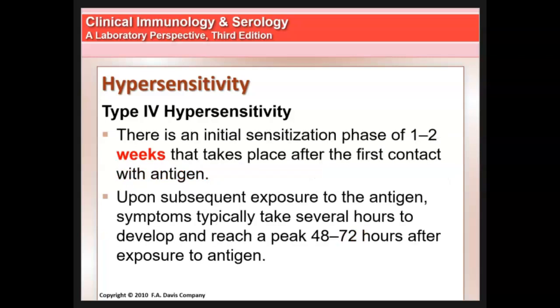There is an initial sensitization phase of about 1 to 2 weeks that takes place after the first contact with the antigen, and then upon each subsequent exposure, symptoms typically take several hours to develop and reach a peak at 48 to 72 hours after exposure to the antigen. So this is considered delayed, 48 to 72 hours.